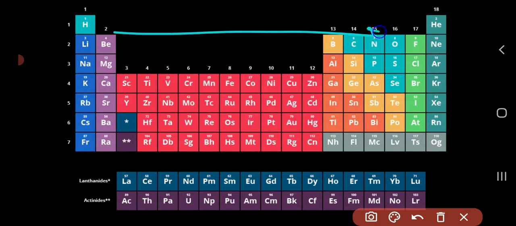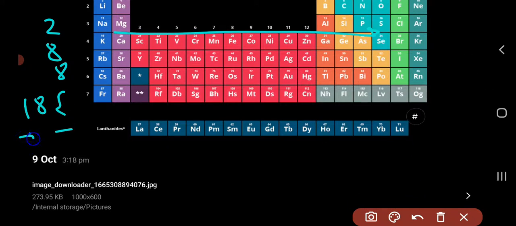The first period has 2 elements, the second period 8, the third period also 8, the fourth and fifth periods 18 elements, and the sixth period 32 elements.